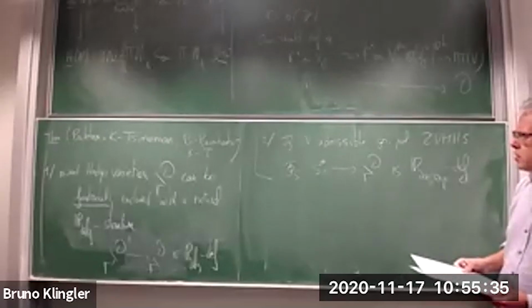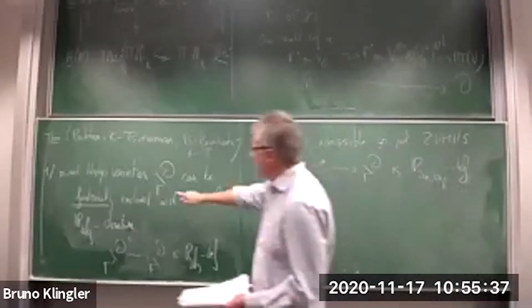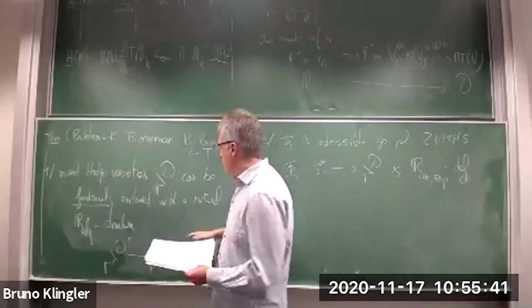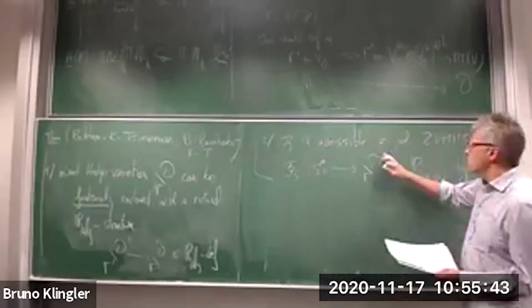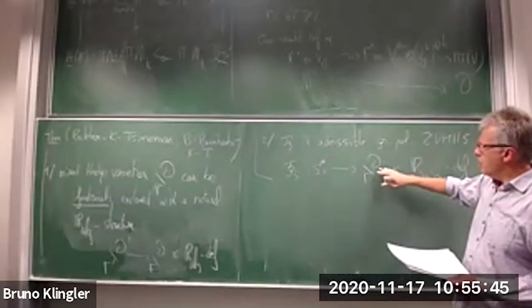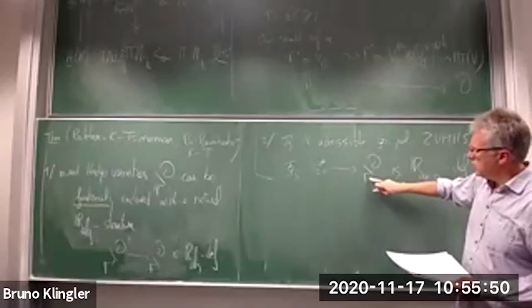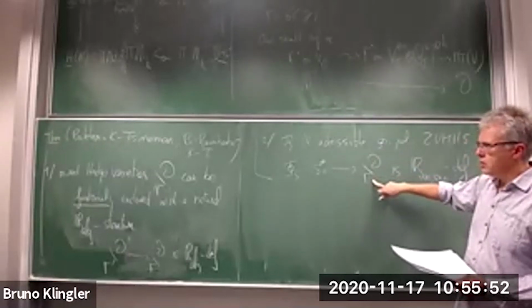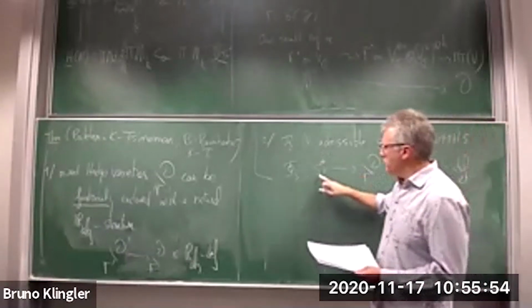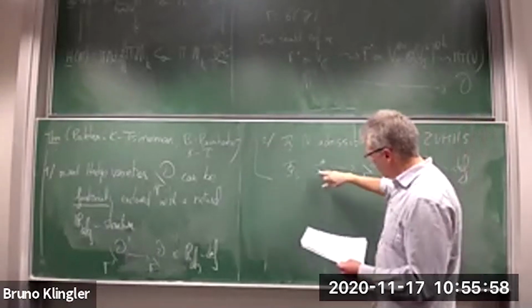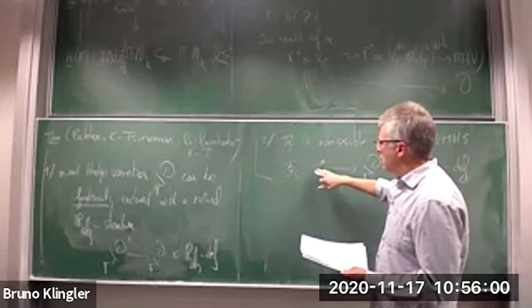So I should make a few remarks. There are some cases where D mod gamma is compact, in which case the theorem is kind of trivial, because in that case, if D mod gamma is compact, this means in particular that gamma does not contain any unipotent element. But Borel's monodromy theorem tells you that the monodromy at infinity of this map is quasi-unipotent.